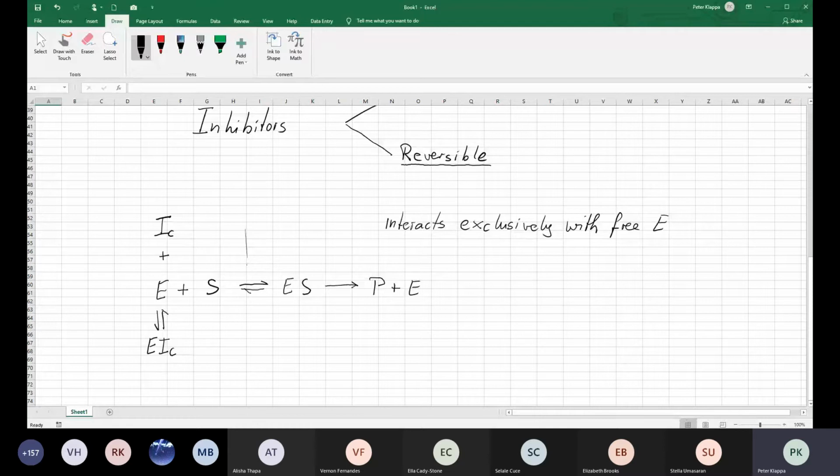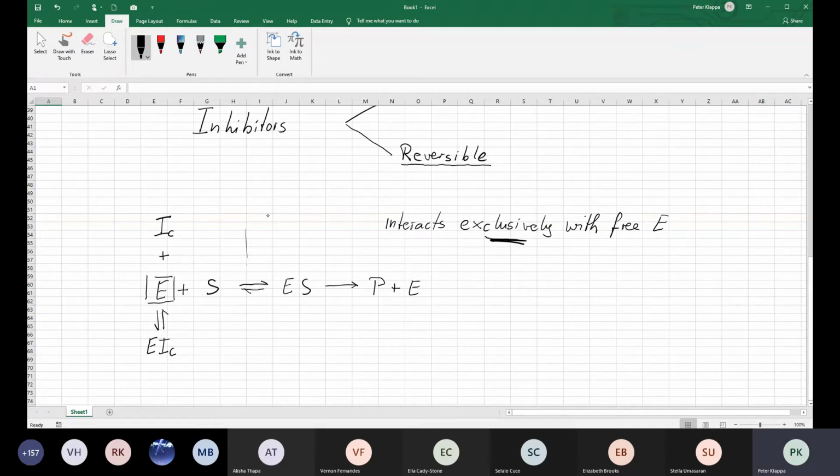So let's look at what this inhibitor actually does. Let's look at the properties of this inhibitor. As I said, it interacts exclusively with the free enzyme. Only the free enzyme can interact. This one here. And I really emphasize that.